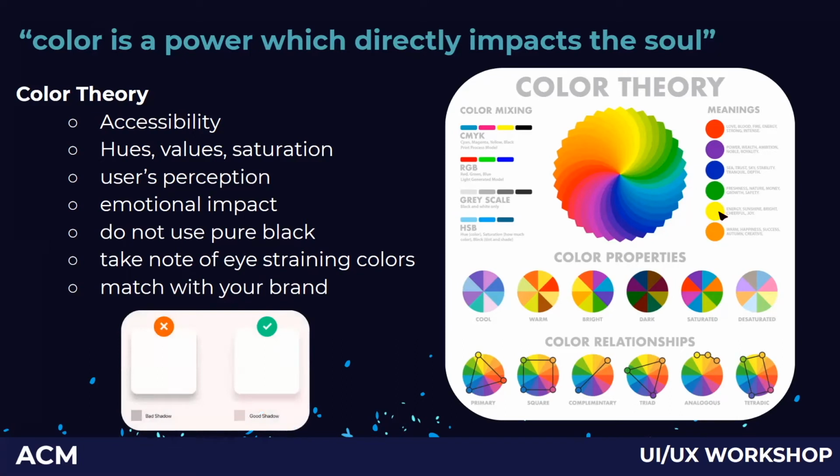Also, here is an example of a bad shadow and a good shadow. I used to do the bad shadow a lot when I started working on the neumorphism trend. But I learned this is the better one, and it gives that subtle look, but defined, right? This used to be the early 2000s trend, but we're now in 2021, and this is the upcoming trend.